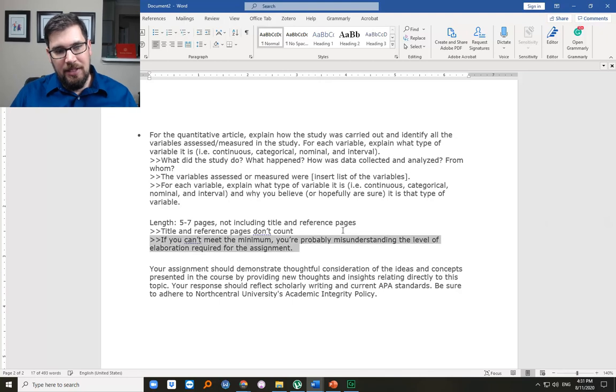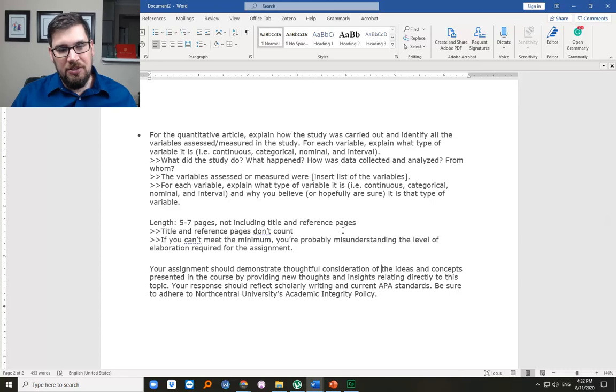This is generally what I see. Or you're not just misunderstanding it, maybe you're in a hurry. But that shows just perhaps a lack of effort or understanding in terms of making sure you do everything you need to do.